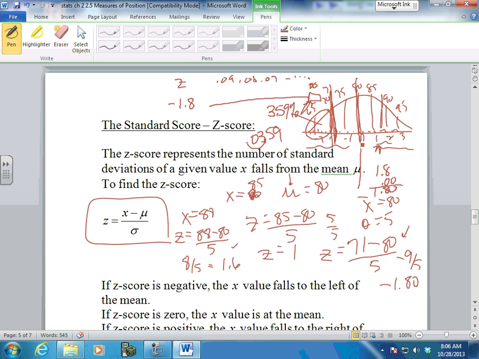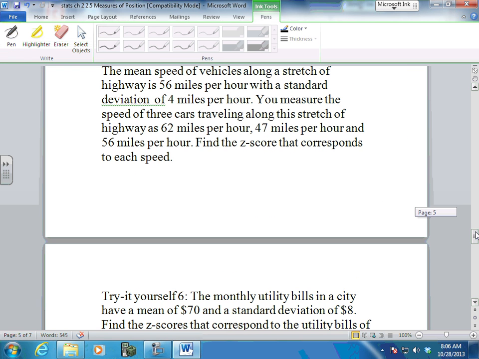So find me which area is when you have a 0 standard deviation, a 0 z-score. 0.500, right? What is 0.500 in percent? 50%. Isn't that 50% of our chart? So let's take a look at another one. Here's the 0.